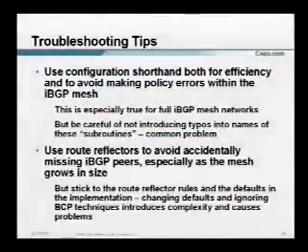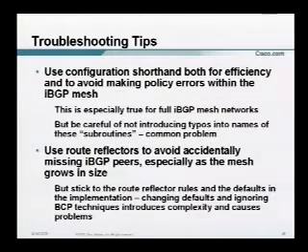Okay? So, as I say, use configuration shorthand for efficiency, and it helps you avoid making policy errors within the iBGP mesh. Certainly for a large number of peers, it's a tidier configuration if you can use any shorthand. But of course, be careful that you don't introduce typos in these subroutines themselves. This is why people tend to use route reflectors these days. Rather than driving a huge iBGP mesh, we start splitting our network up into lots of route reflector clusters, and that helps with trying to keep the number of iBGP peers on each router down to a minimum.